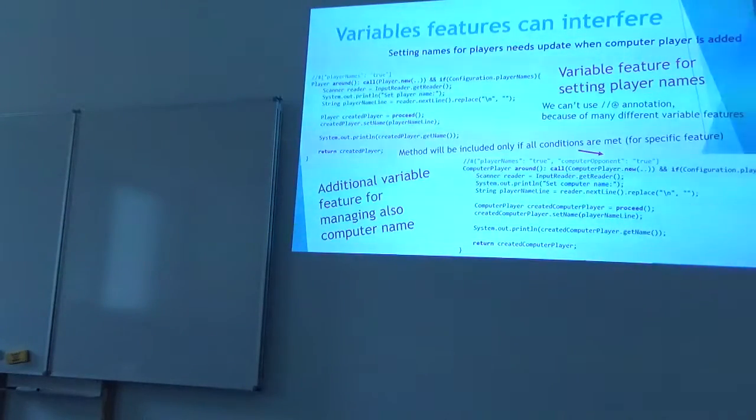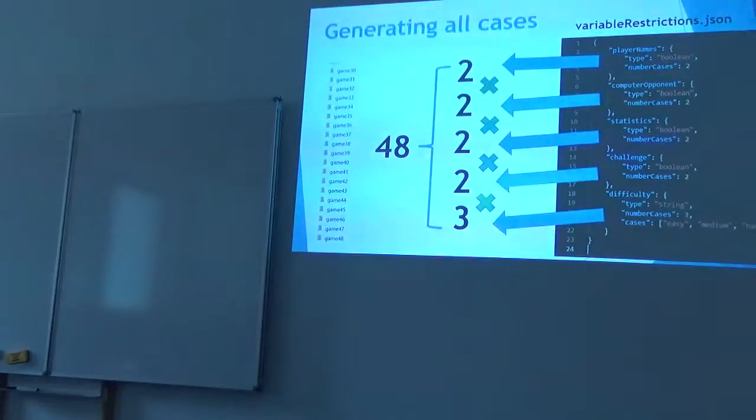Two variables are required, setting player names to true because we set the computer name during the start of the game, and computer should be included, and this means that the computer component should also be true, and this method can be included in the final derivation if these two conditions are set in the configuration file to true, and so on.